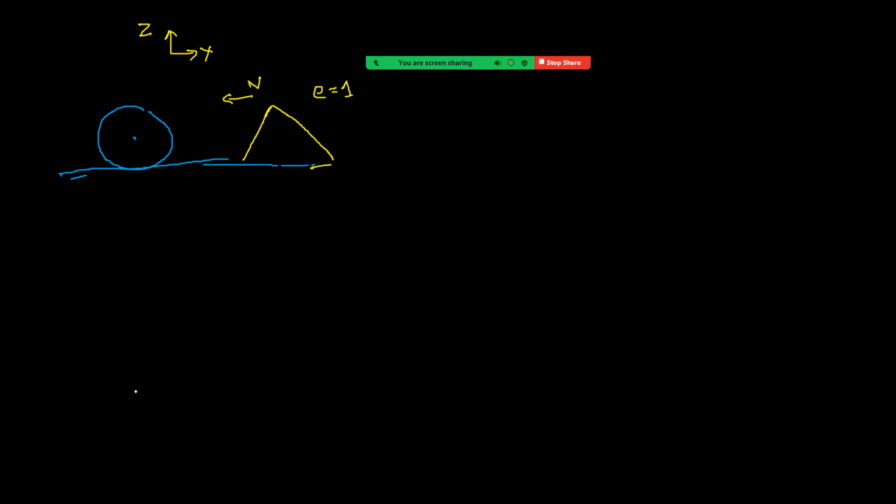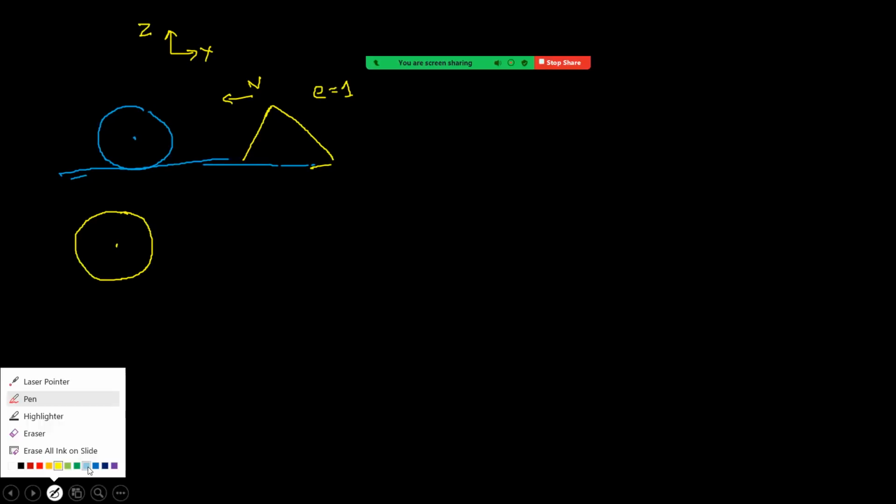Now see what happens. Let us make a diagram once again. When the wedge comes in contact with the sphere, force will be normal to the surface.